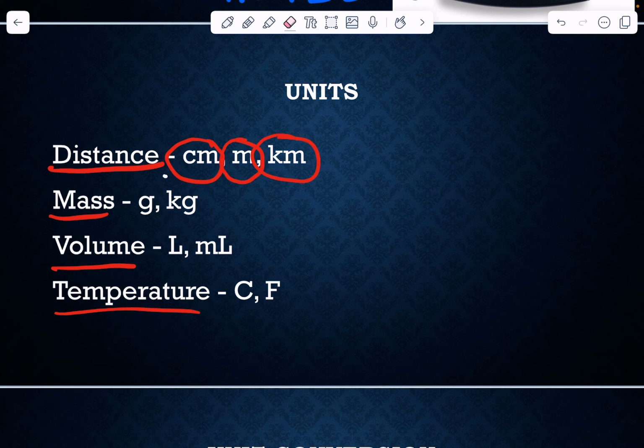Those are our measurements of distance. For mass, we're going to use grams and kilograms. For volume, we will use liters and milliliters. And for temperature, we're going to use Celsius and maybe a little bit of Fahrenheit. Most likely not too much Fahrenheit. Mostly we're going to be using Celsius. So this is more of a heads up of the types of units we'll see.